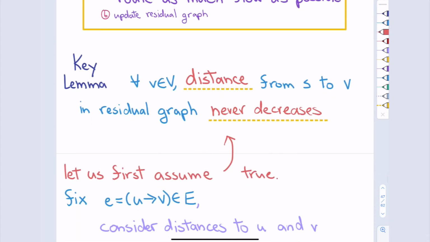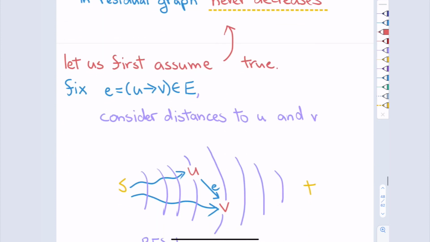Alright, so let me first explain why this is useful. So let's just assume this to be true. That this algorithm has this property that the distances from the source in the residual graph are monotonically increasing. Okay.